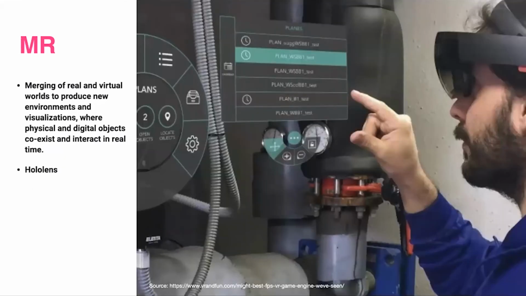And for MR, right now the majority of MR is applied to enterprise, right? MR devices are usually like Magic Leap, HoloLens, Meta, right? With all those MR glasses, the user can be trained.